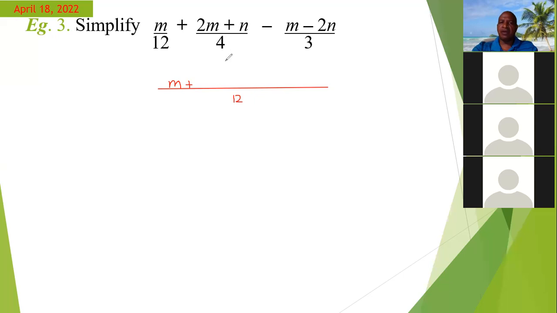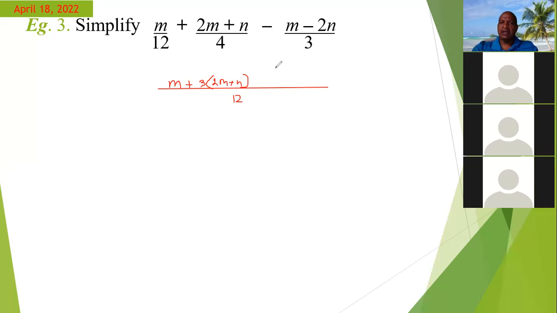So we're going to say 4 into 12 goes 3 times. That means we take 3 times the numerator. The numerator is 2m plus n, and we keep it in brackets when we are multiplying. So we put 3, brackets, 2m plus n.